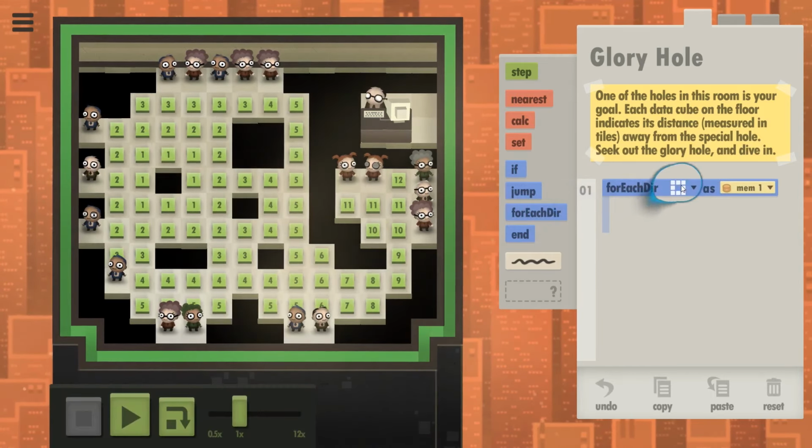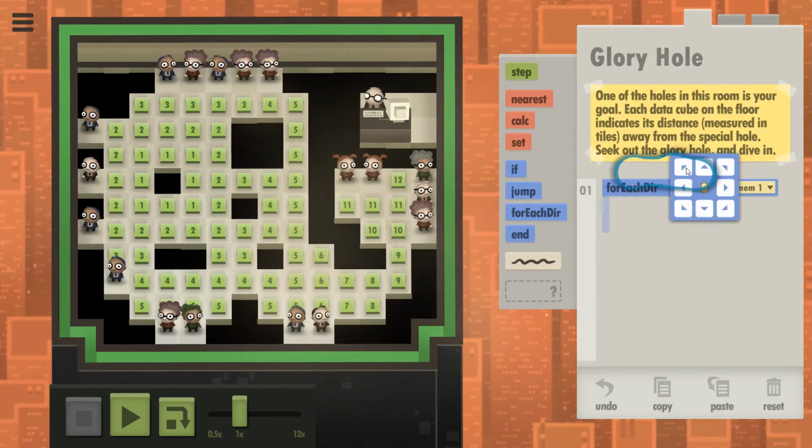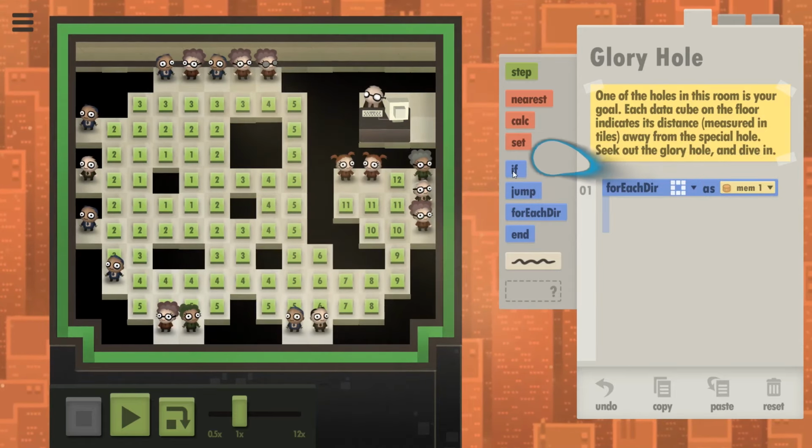So we're going to be doing for each direction as memory 1.